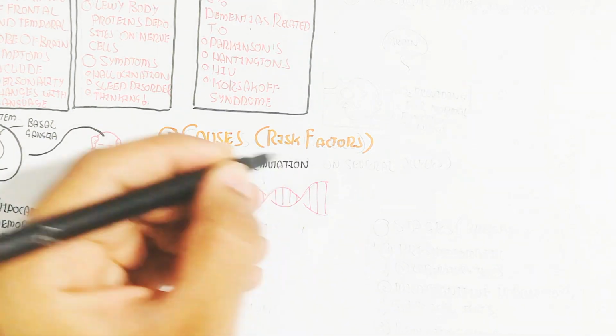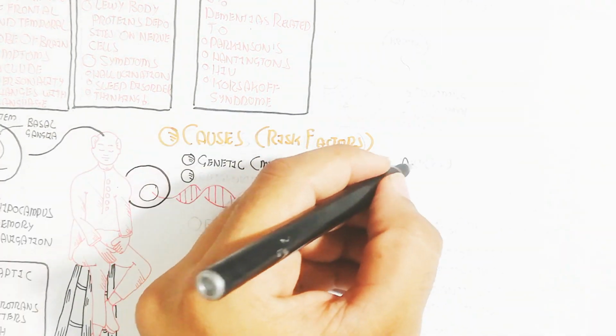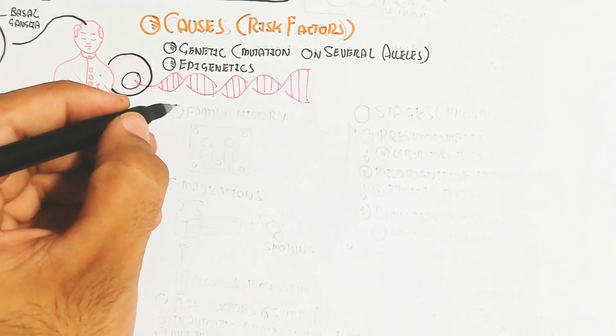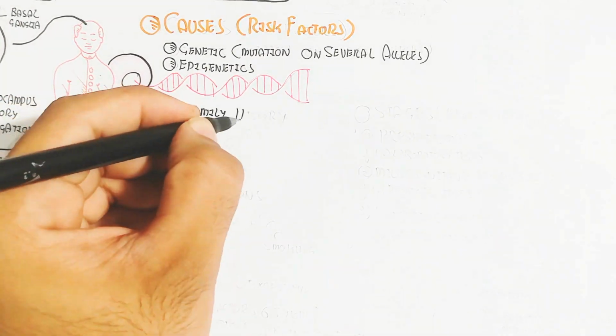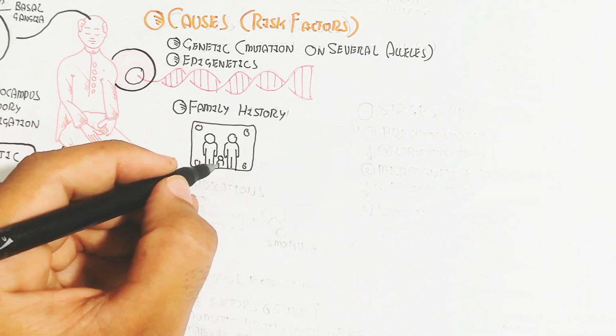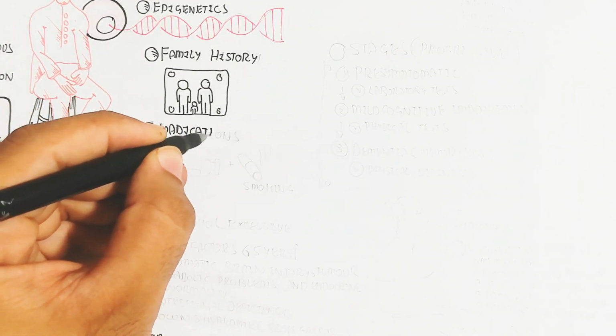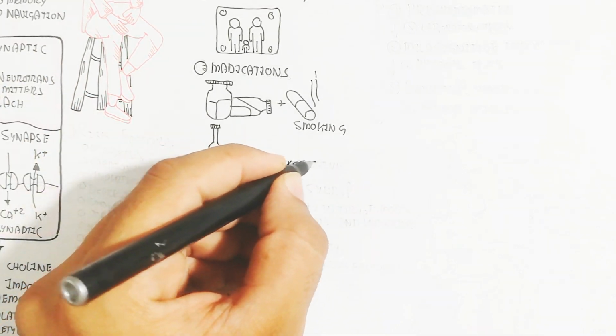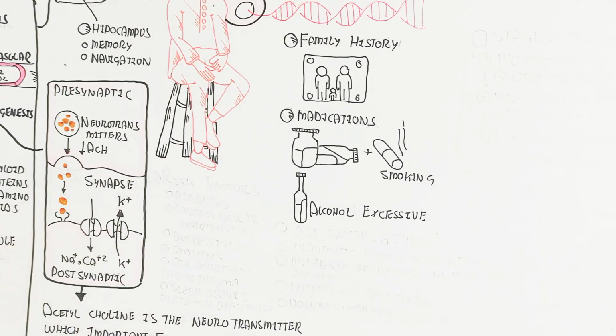On the other hand, family history is also involved because it is genetic, so the gene alleles are present in the offspring. On the other hand, medication. Medication means our use of medication, smoking, alcohol, and excessive drugs.